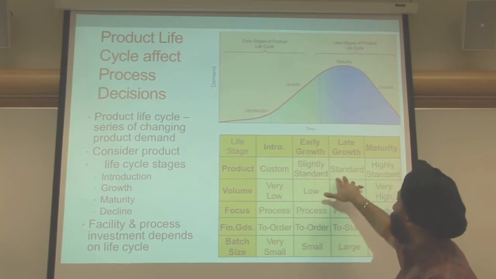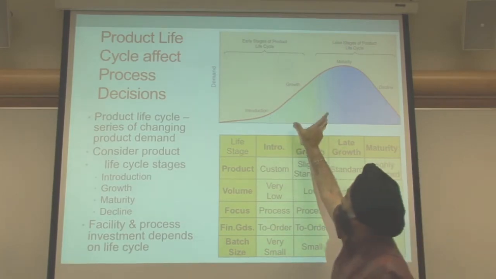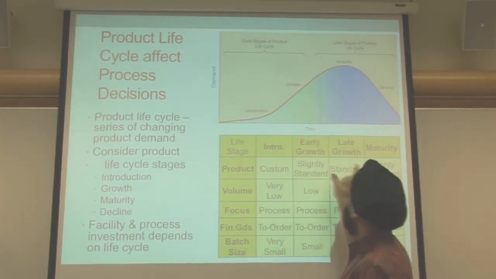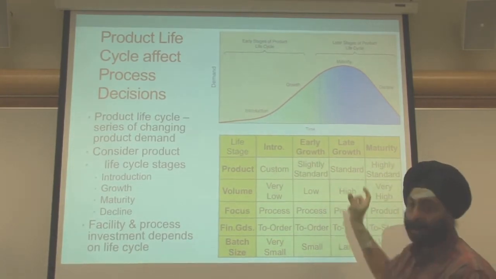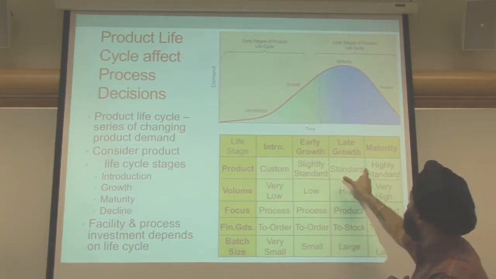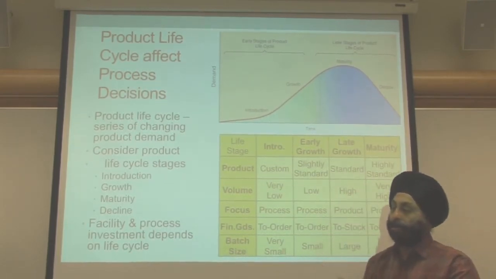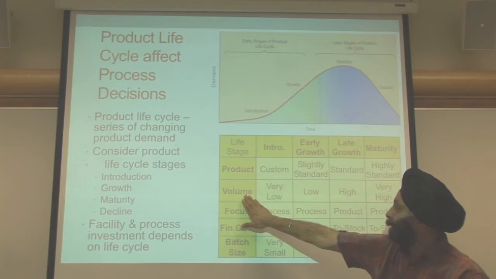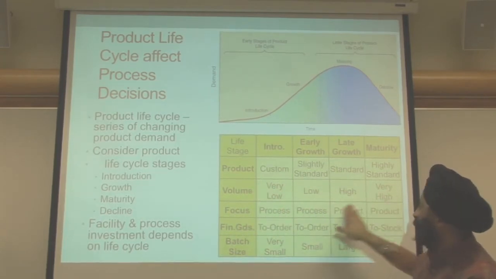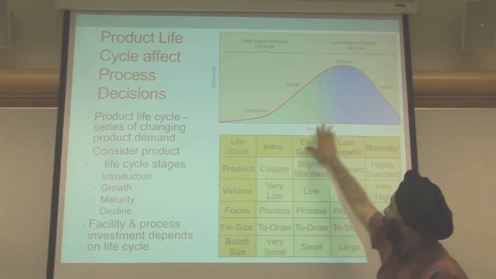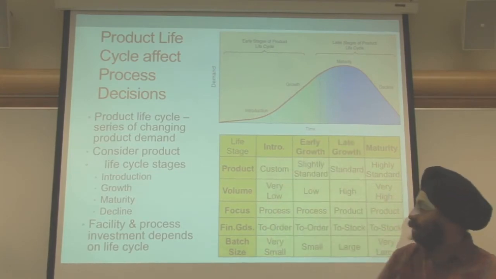Whereas in late growth, which is still part of the second part of the growth, the product becomes standard after looking into best practices. And maturity is highly standard; you don't vary the product that much. In terms of volume, it goes from very low to very high, as we mentioned earlier, because this is where we are adopting mass production.